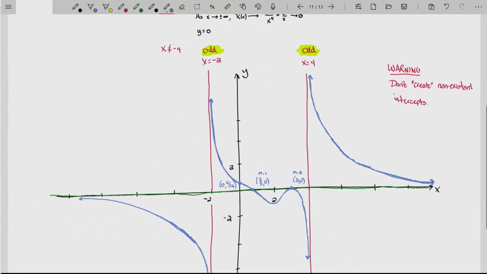I do want to say here that it'll never touch the x-axis because there are no more x-intercepts. But most rational functions can cross their horizontal asymptotes most of the time. It's just that in this case, for it to cross the horizontal asymptote, it'd have to have an x-intercept, and it just doesn't.